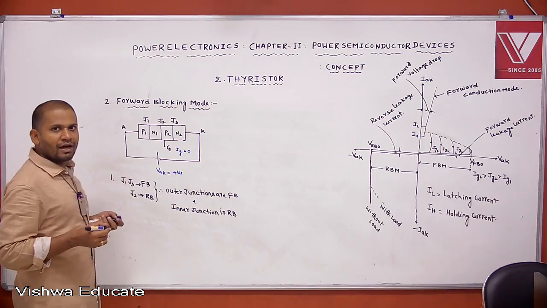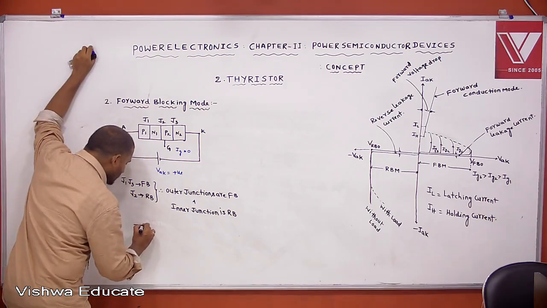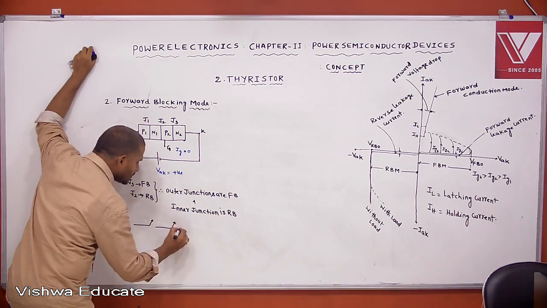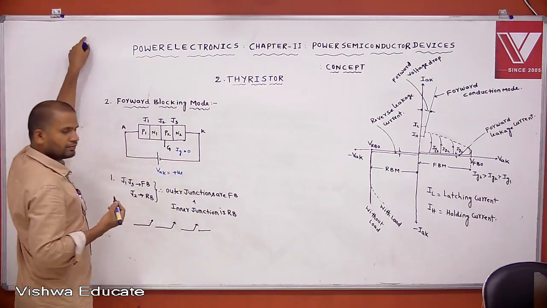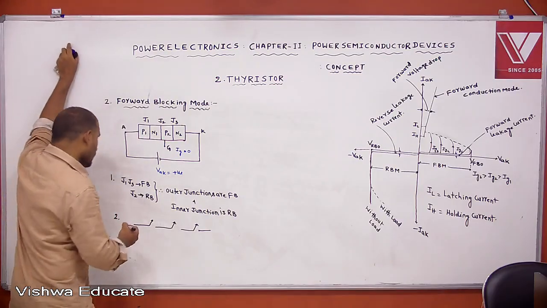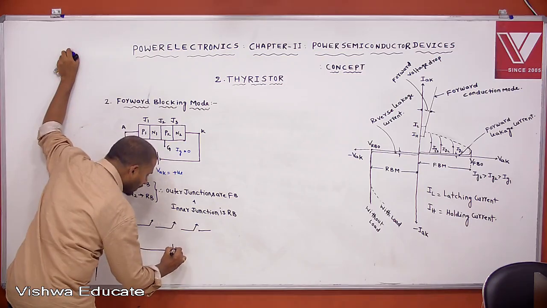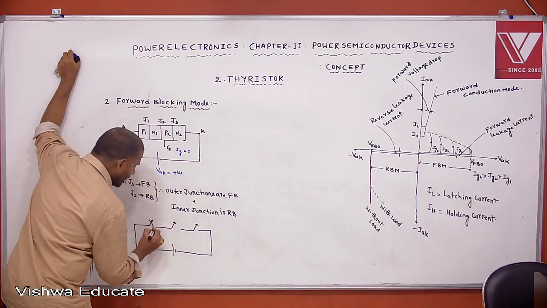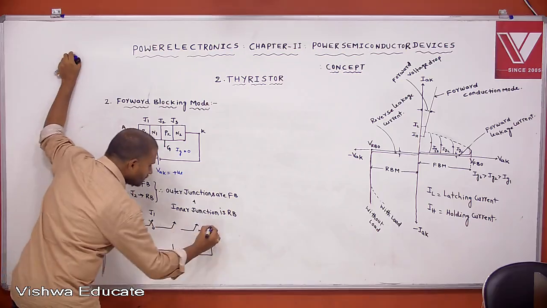We can take the switch concept. Let us assume that J1 acts as one switch, J2 also acts as one switch, and J3 also acts as one switch. Now the SCR is under which mode? Forward blocking mode. This J1 is forward bias, means closed. This is anode, this is cathode.